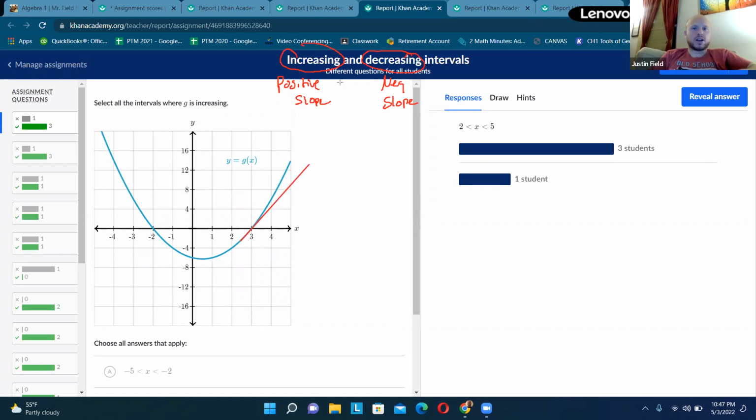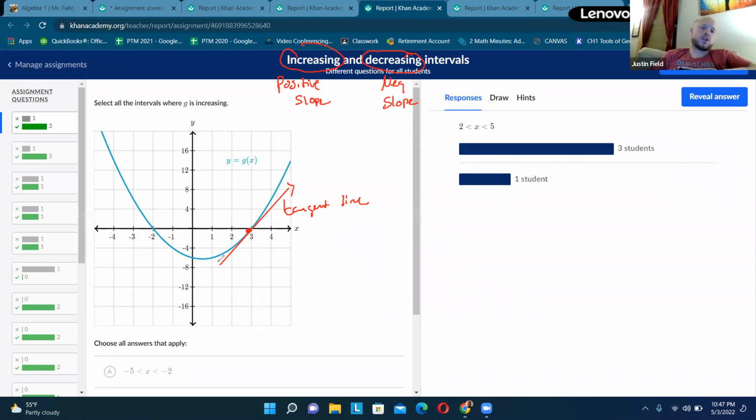So a tangent line is a line that intersects the graph at just one point. You see, so like I'm trying to make it intersect the blue graph at just that one point.